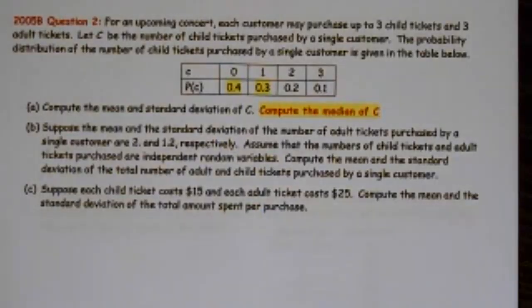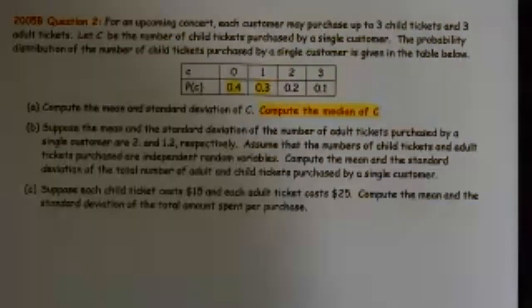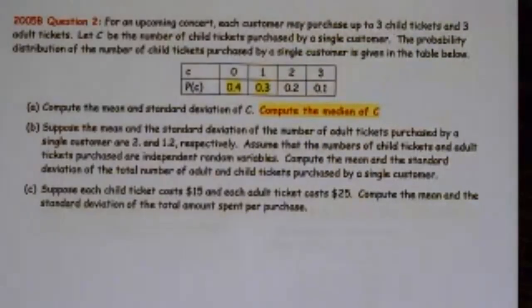All right, so this is our first question on combining random variables and also doing expected values and showing our work. So it's a 2005B, question 2. For an upcoming concert, each customer may purchase up to 3 child tickets and 3 adult tickets. Let C be the number of child tickets purchased by the single customer. The probability distribution of the number of child tickets purchased by a single customer is given in the table below.